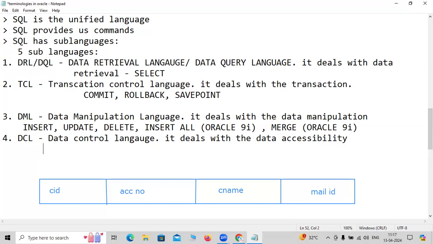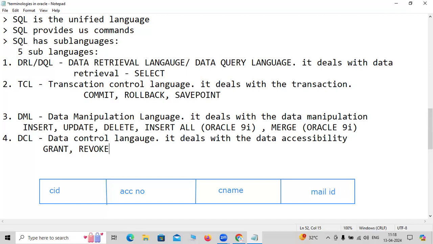SQL provides DCL commands like grant and revoke. So all these are basically the SQL commands which help us to store, retrieve, and manipulate data in the database software.